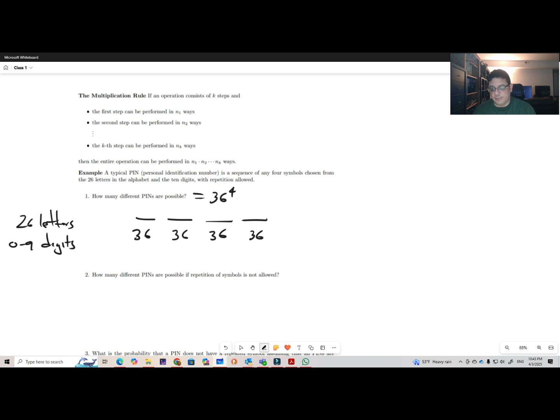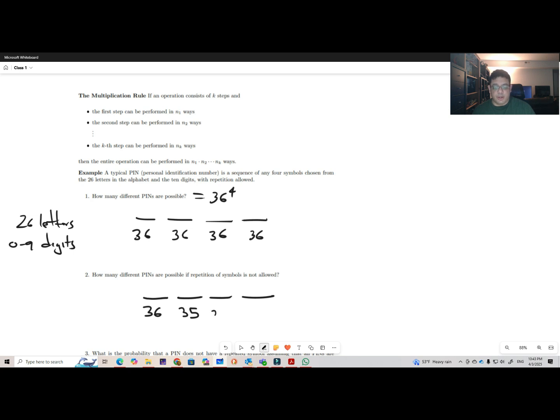Now obviously we can add complexity to this by putting in conditions. Let's assume that we want PINs where repetition is not allowed. If repetition is not allowed, for the first one I have 36 options, but for the second one I have just 35 because there is one that I cannot repeat.